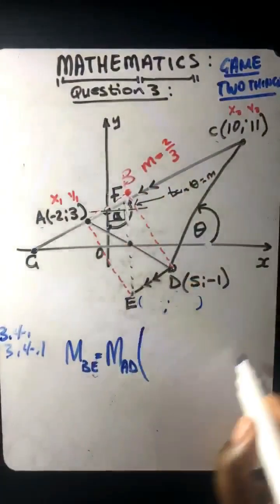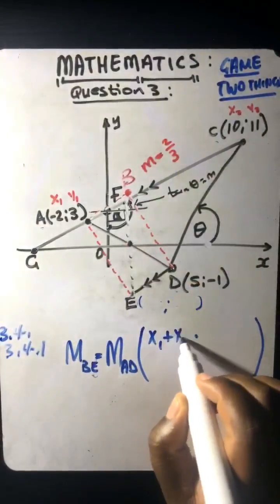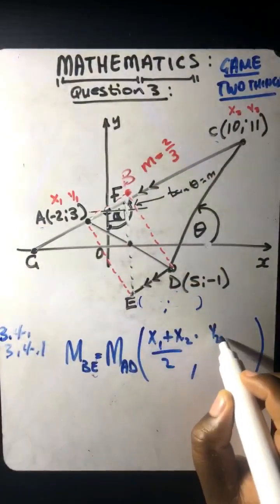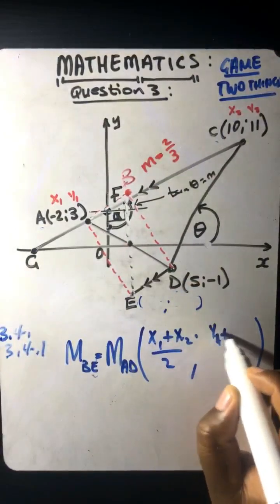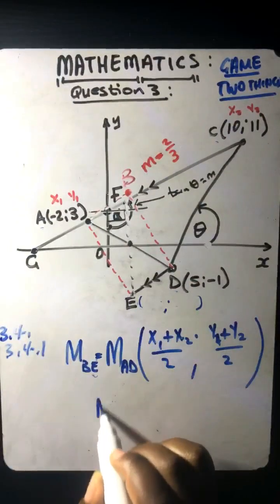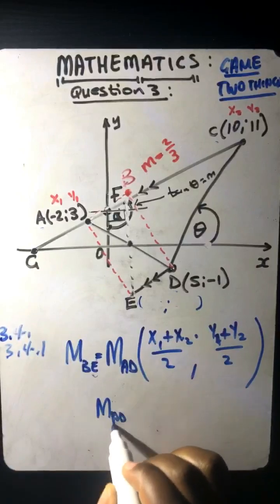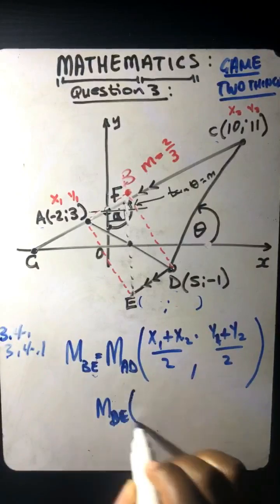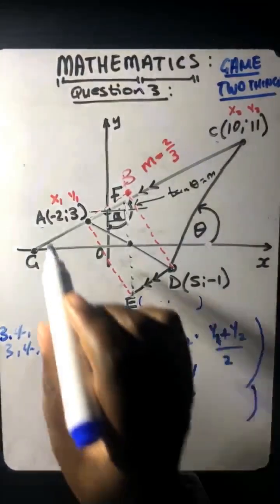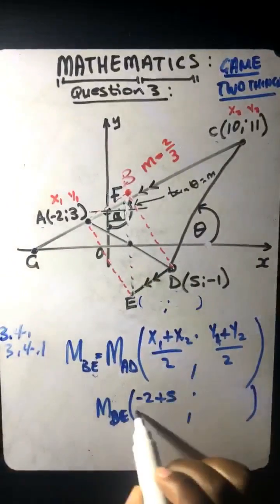Then you can therefore use x1 plus x2 over 2, y1 plus y2 divided by 2. Let's see, the midpoint of BE. What is x1? You can use -2, plus it with 5, and divide by 2.